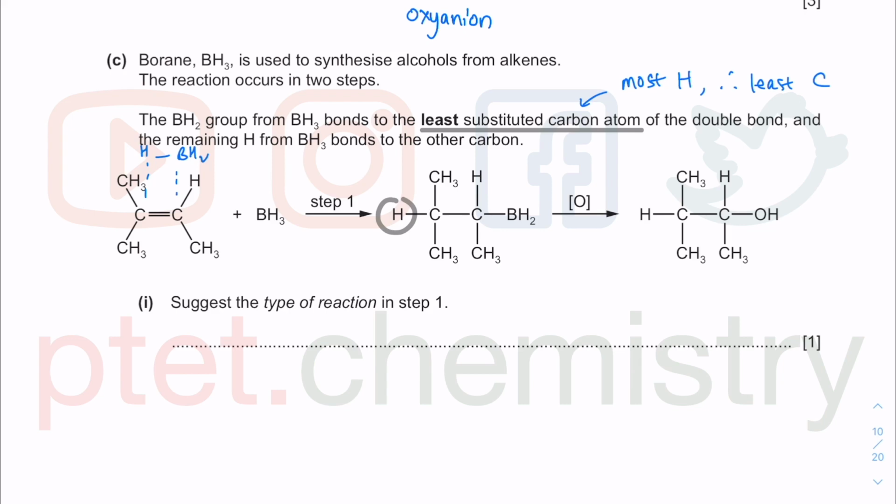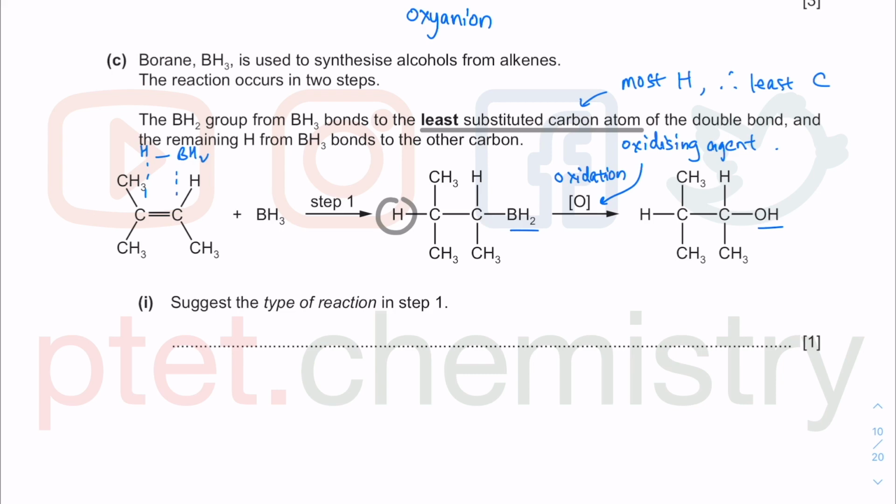So blah blah blah, and then you replace the BH2 and then it becomes OH as you do oxidation. This square bracket O here refers to oxidizing agent, so you must have some sort of redox that you can oxidize this group and then replace it such that the carbon gains oxygen, and this is called oxidation, gain of oxygen on the carbon.